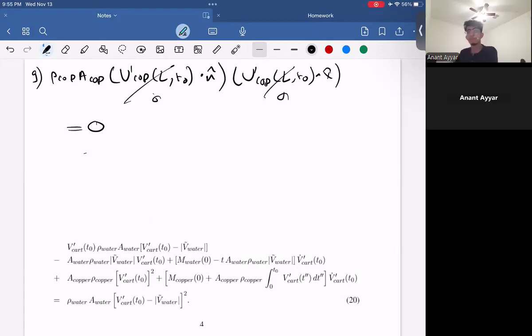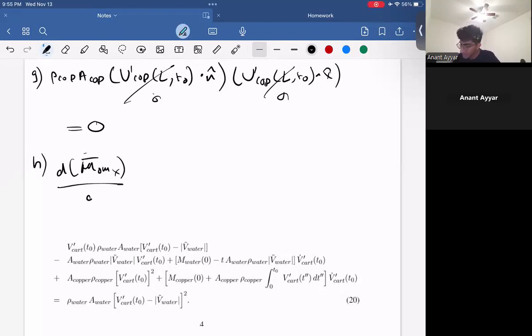And the last part, putting it all together. In this one, we're basically just taking the momentum equation. So the momentum equation is d momentum of the x dt is equal to mass flux.